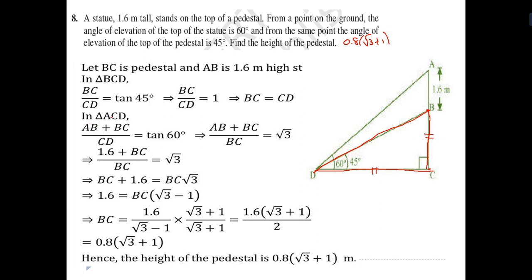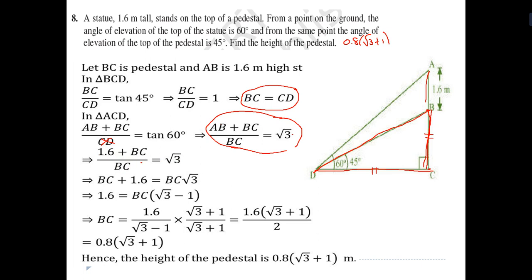Now in ACD, the big triangle, tan 60 is AB plus BC upon CD. But we know that BC is equal to CD, so I remove CD and put BC, because I want to find BC. Now multiplying by root 3 with BC and putting the value of AB, which is 1.6, we get 1.6 plus BC upon BC is equal to root 3.